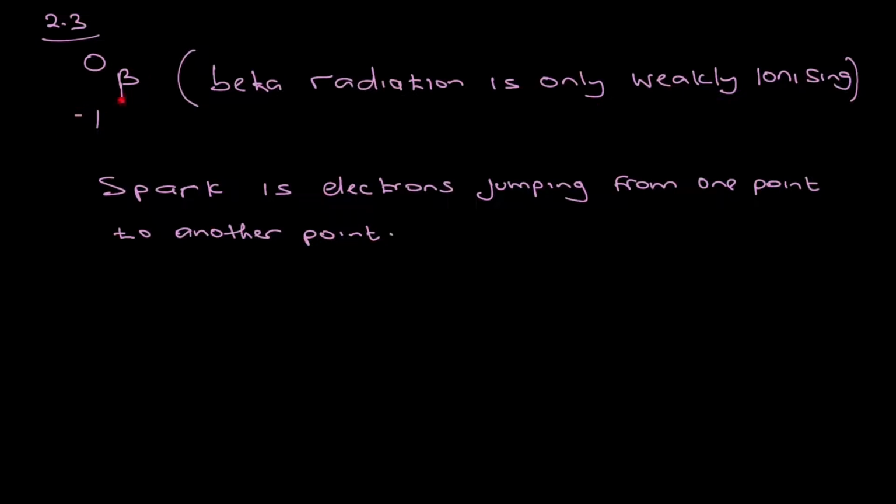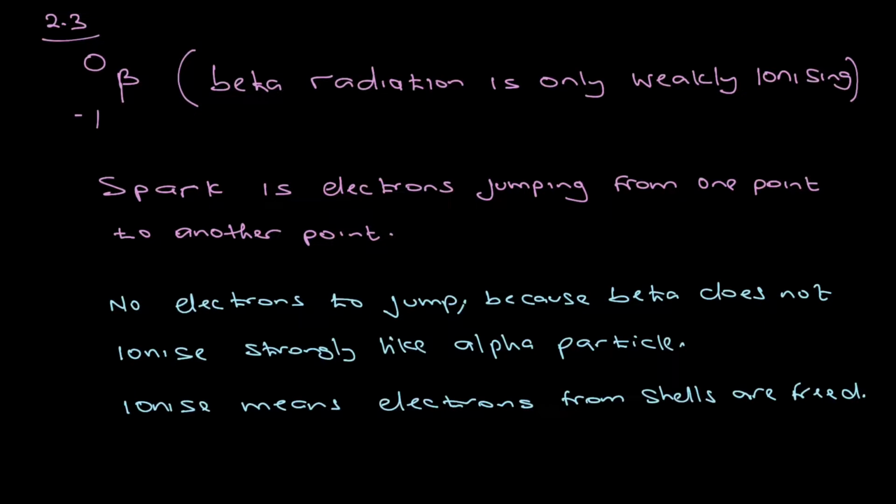Beta radiation is only weakly ionizing. A spark is formed when an electron jumps from one point to another. So there are no electrons to jump because beta does not ionize strongly like an alpha particle. Ionize means electrons from the shell are freed.